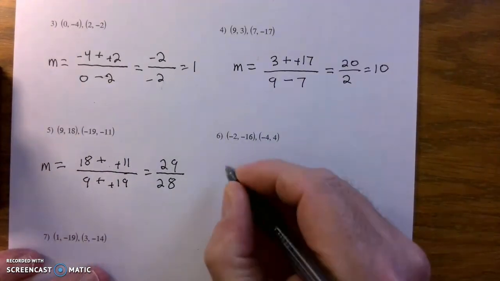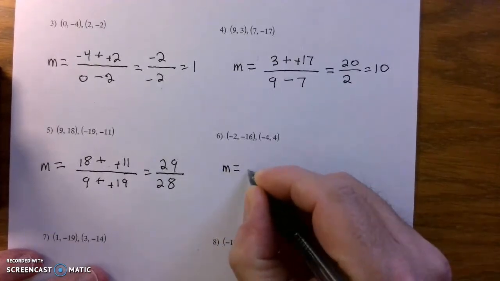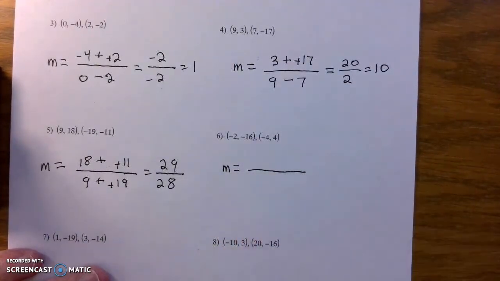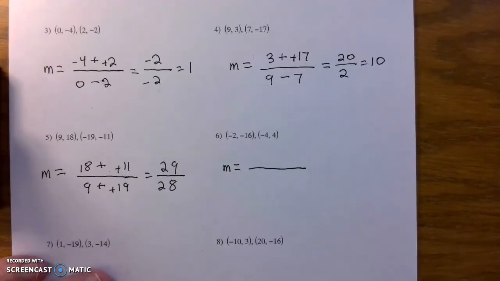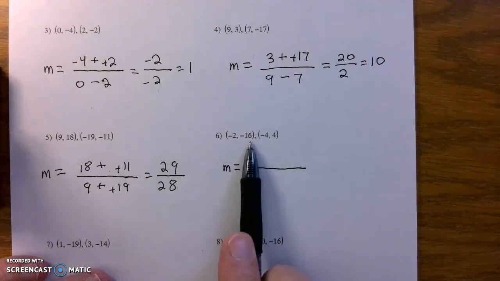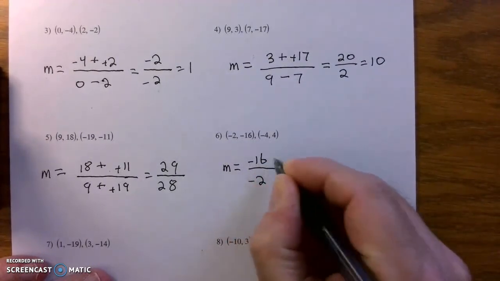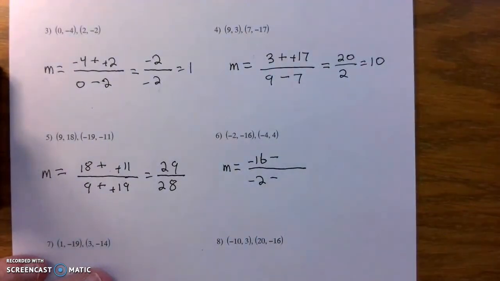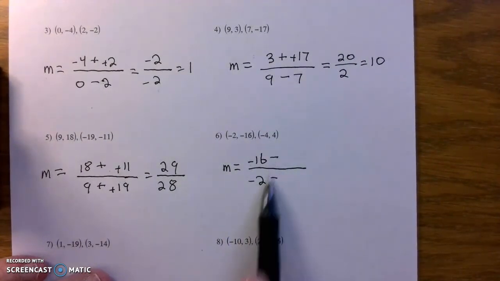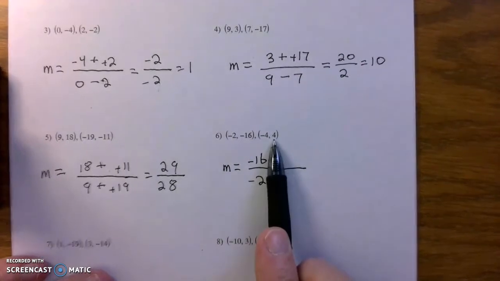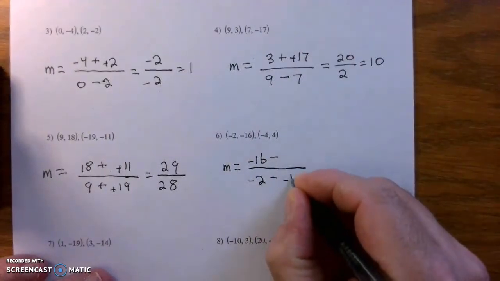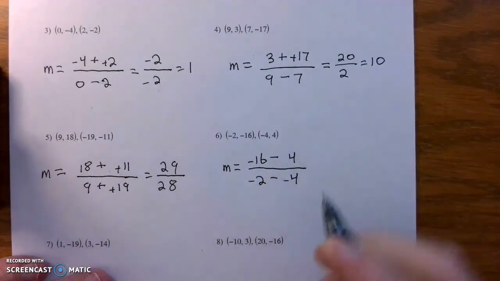All right, next one. Start with your form. Take the point, write it upside down. Put your negative sign. And we're subtracting. And write this point upside down.